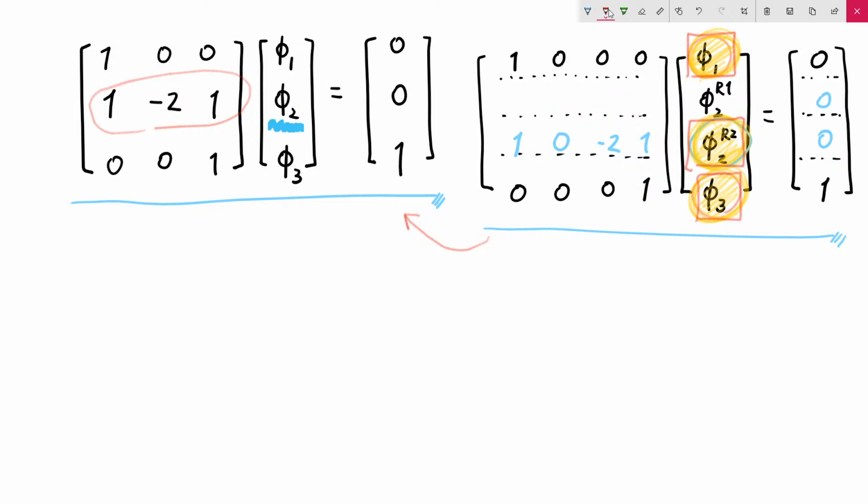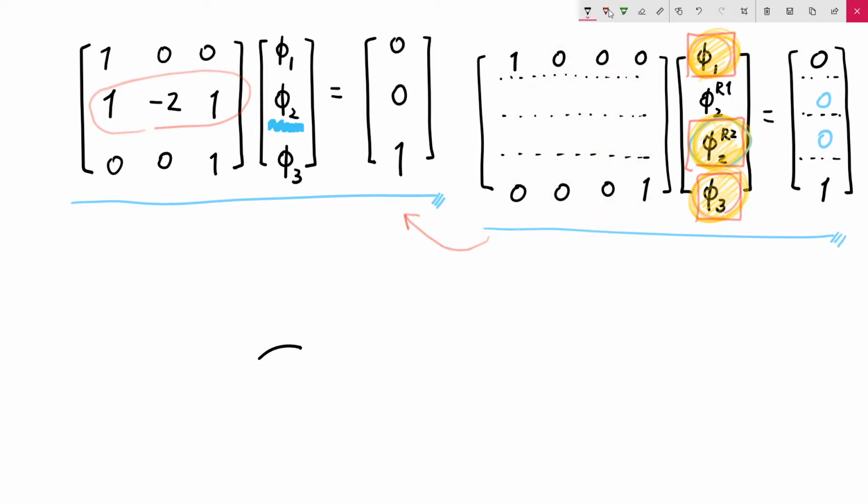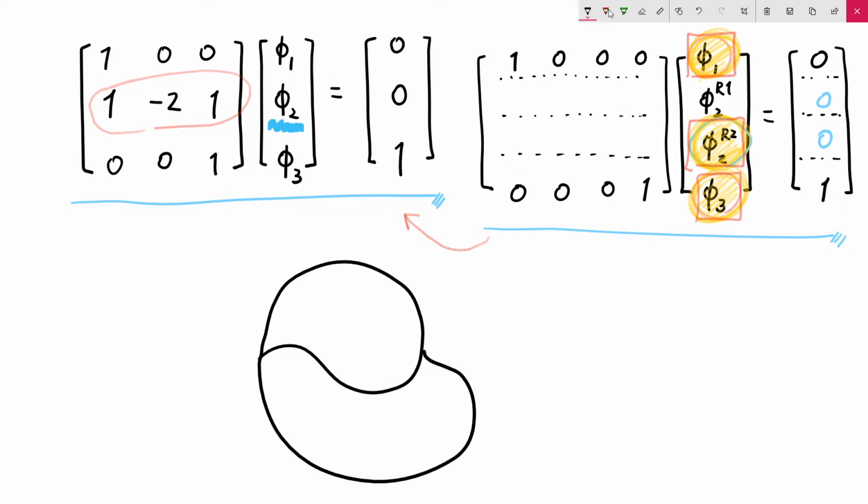That is the remaining task. Oh, then how can you evaluate it? Think about this one. Now, instead of this highly trivial structure, think about a little more generalized form, like this.